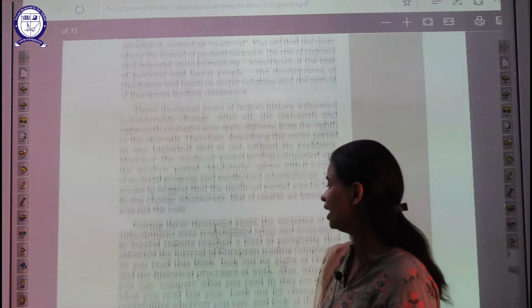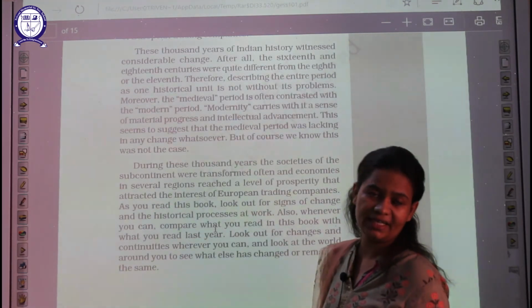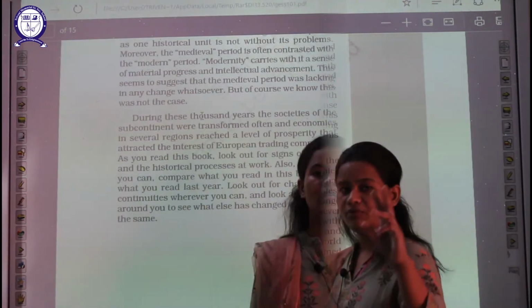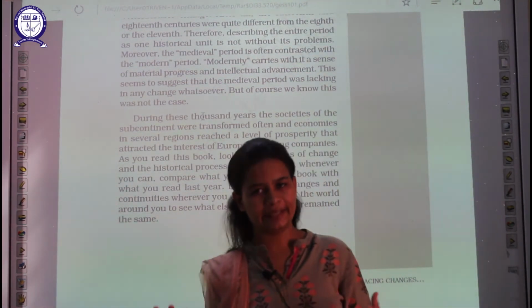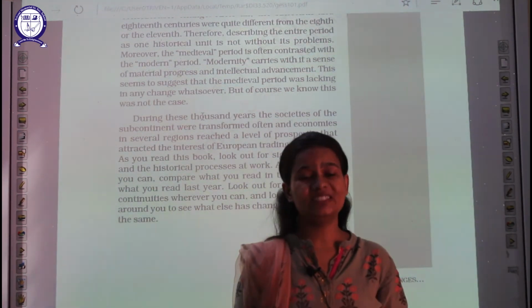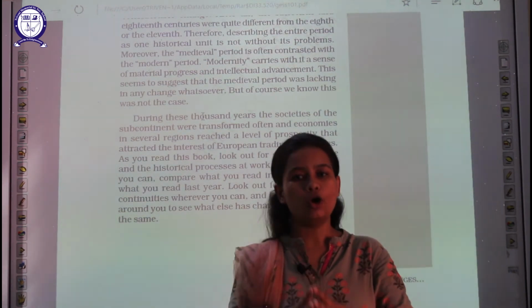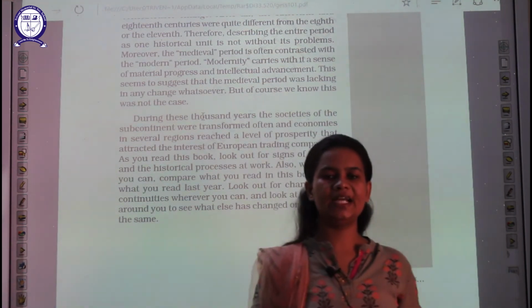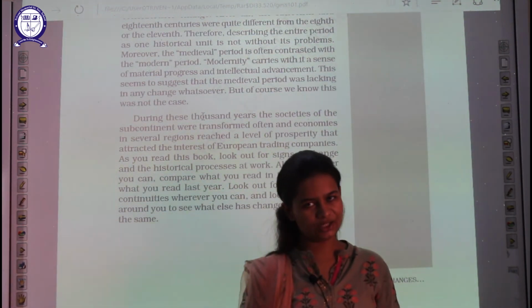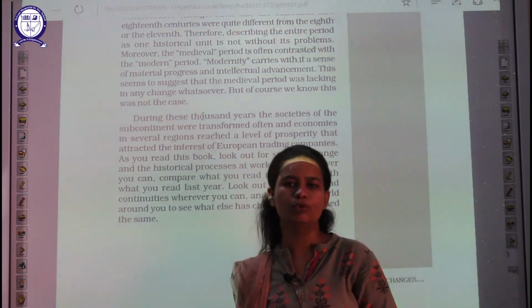So this was another example for characterizing periods in history. So what we have discussed is people used to characterize history on two bases. Firstly, on the basis of under Hindus, under Muslims and under British, and secondly on the basis of ancient history, medieval history and modern history.